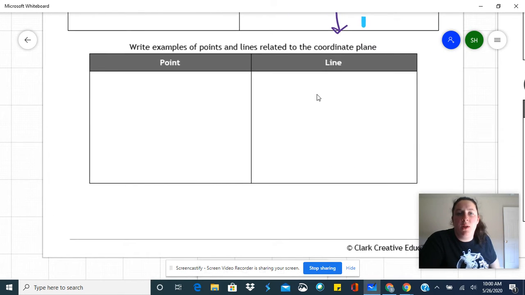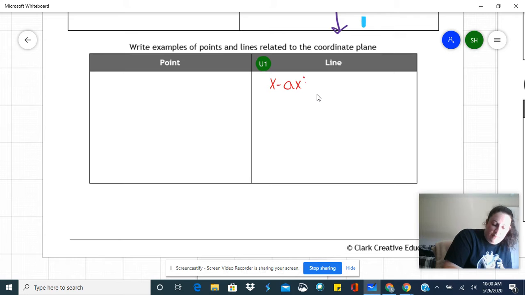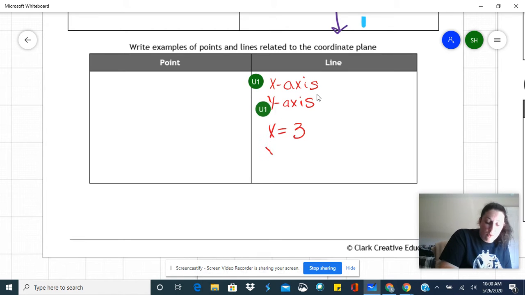So what's an example of a point and a line related to coordinate planes, right? So your line could be multiple different options. You could have the x-axis, right? That's a line. The y-axis, that's a line. You could also have x equals 3 or y equals 5.